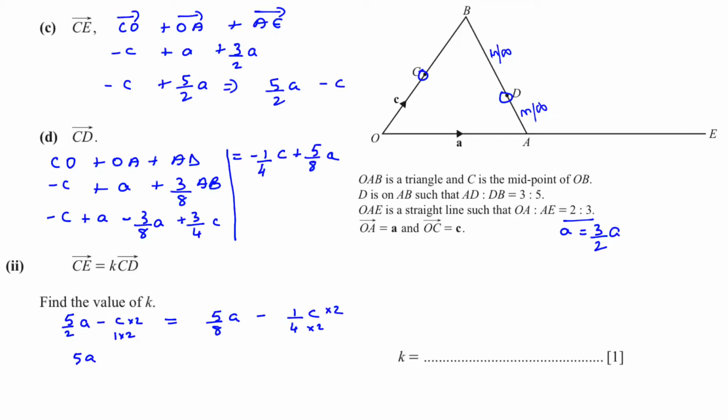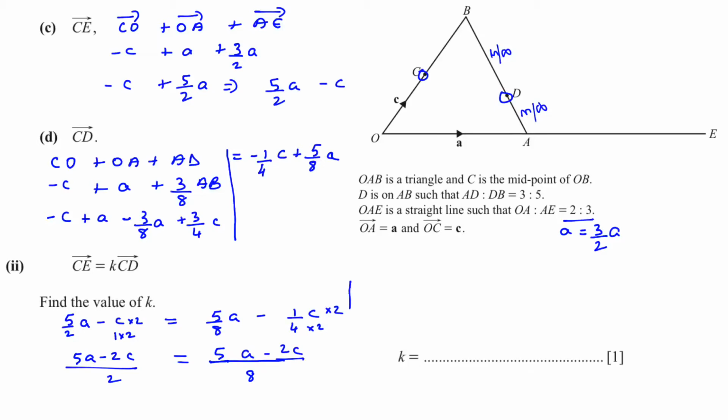We'll have (5A minus 2C) over 2 is equal to (5A minus 2C) over 8. Because the denominators are the same, we can join it and write it as one fraction.